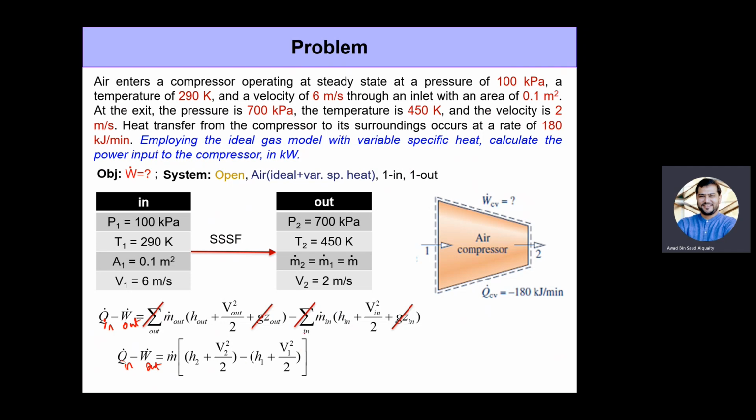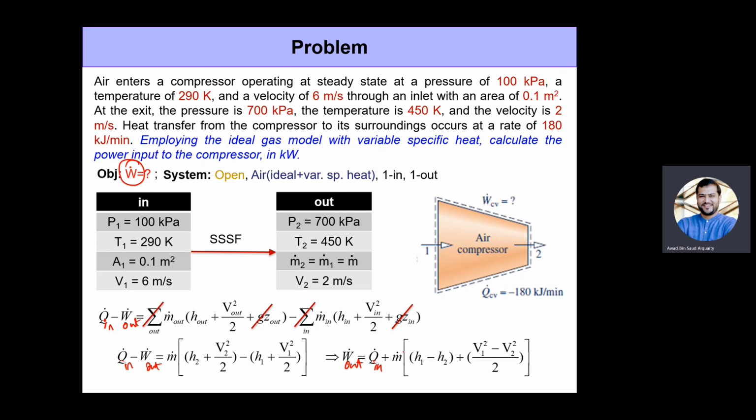This is exactly the same equation that we had in the previous example. Of course, the fluid was different, but basically you start with a similar equation, and then you start solving for it. Here what we need is the work input or the power input into the system. In this formulation, we are writing for work output. Work output is equal to Q in plus m dot delta h plus the changes in the kinetic energy.